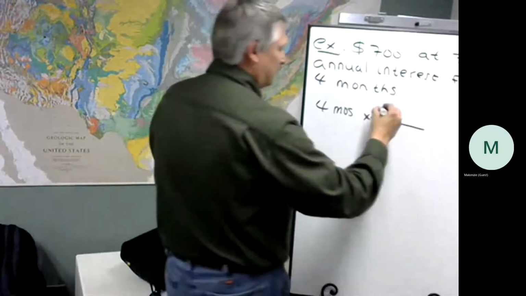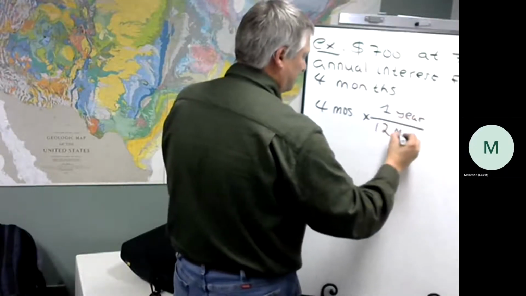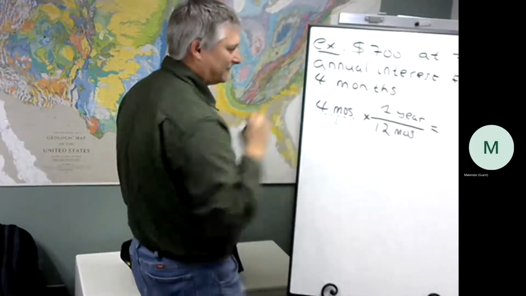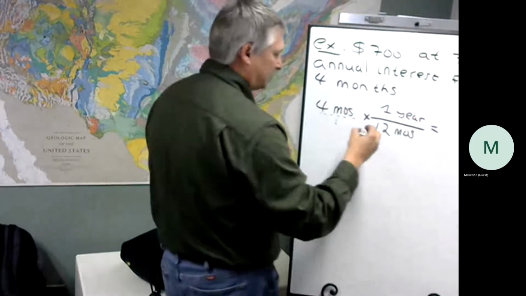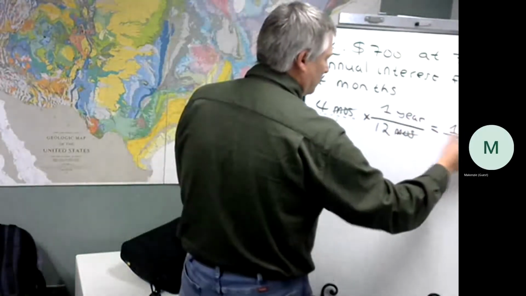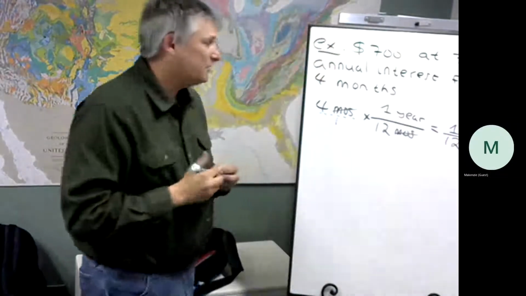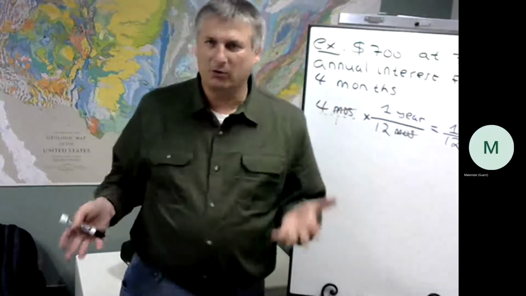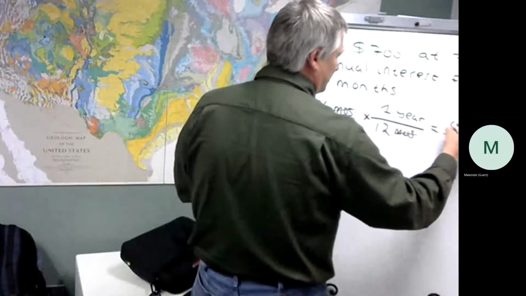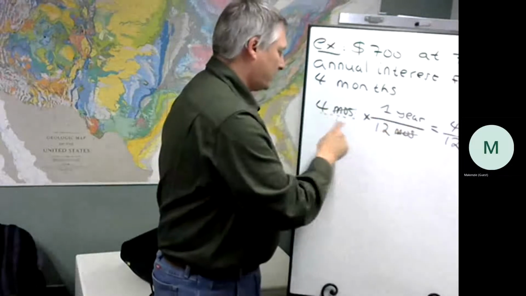You could do it this way: 1 year equals 12 months, and just multiply it. You've got that invisible one there. If you multiply across, months will cancel, and so we get 4/12 of a year. Or you can just take the number of months and place that over 12. That'll work just as well.